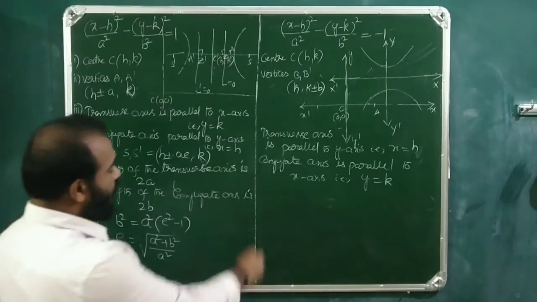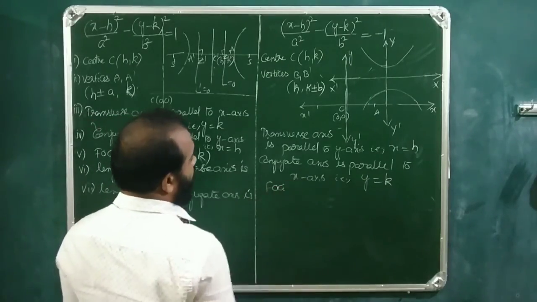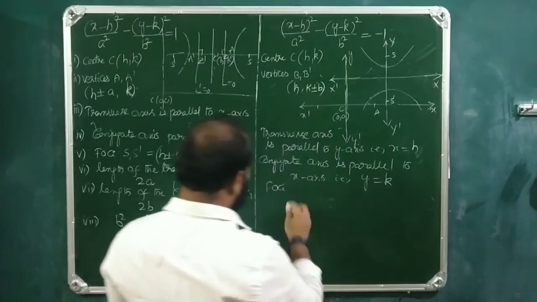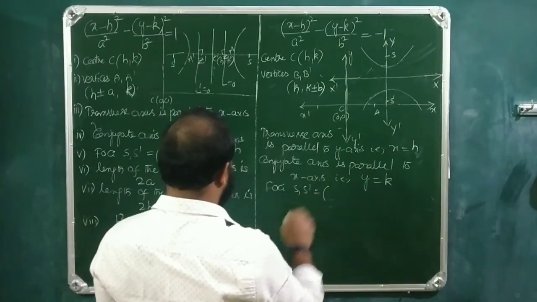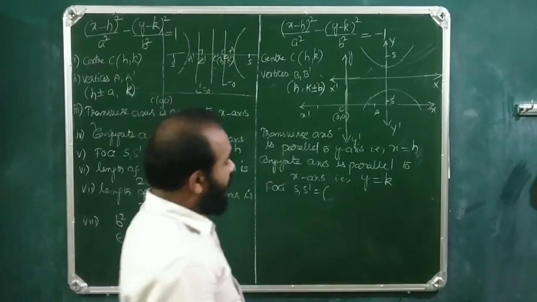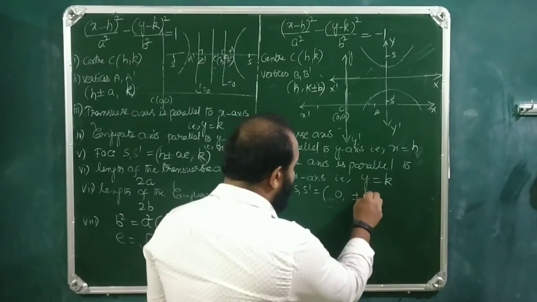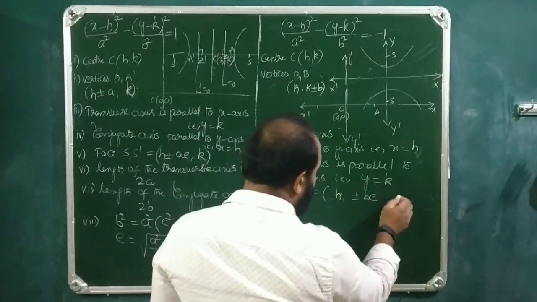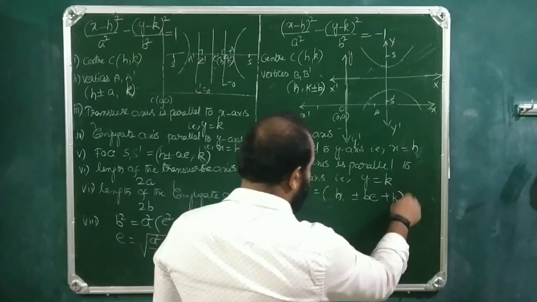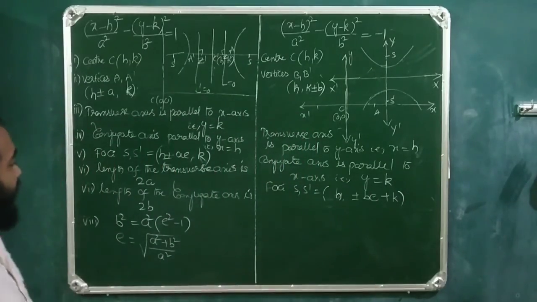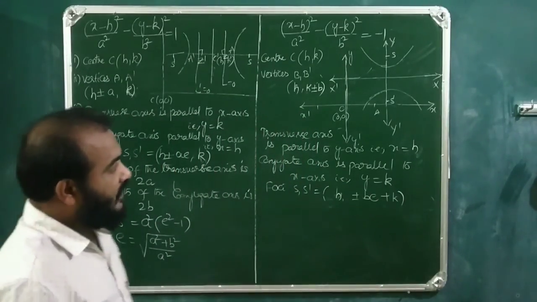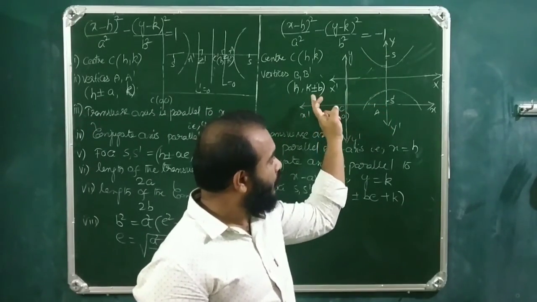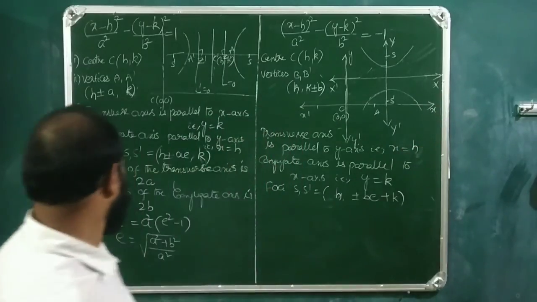Now foci. So the foci S comma S dash, earlier they are 0 comma plus or minus BE. With 0, h would be added, with BE, k would be added. Next, the length of the transverse axis is 2B here and the length of the conjugate axis is 2A.